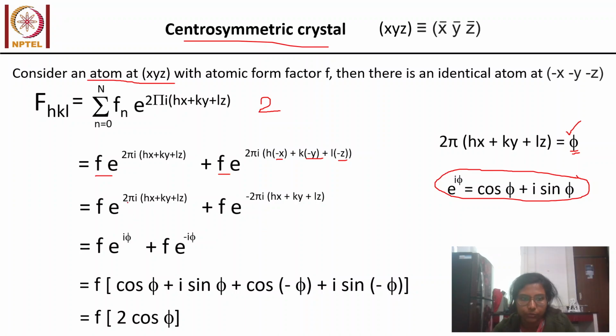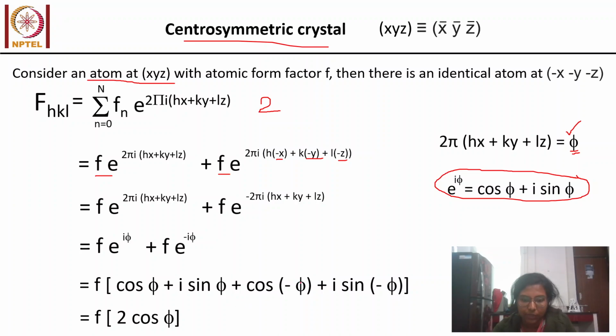So we take 2 pi and this part as phi, then this will be e to the power i phi and this part will be e to the power minus i phi. We then spread this into cos phi plus i sin phi, and this part will be cos of minus phi plus i sin of minus phi.